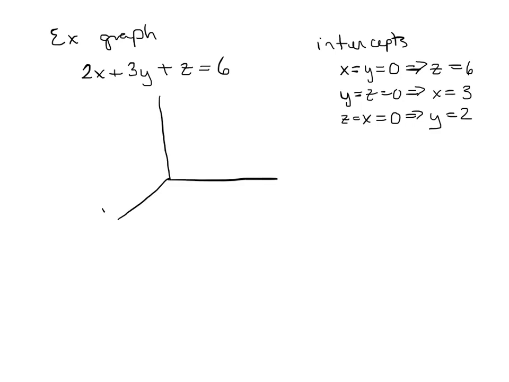So if I go to graph this, x comes out of the board. I am going to put a dot where x is equal to 3 on the x-axis, where it's equal to 2 on the y-axis, and where it's equal to 6 on the z-axis, and then I am going to connect those points.